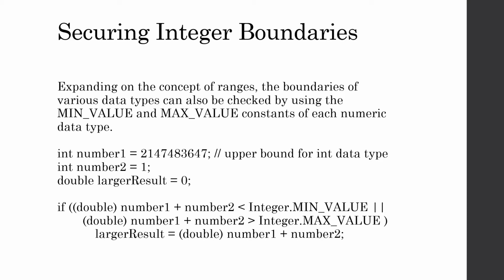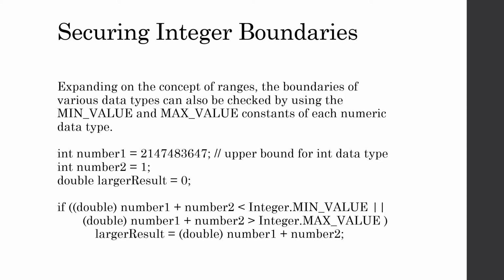To add on to the specific details about what we're doing here, you'll notice that for each one of those checks, I need to go ahead and use the cast operator. So we're going to have that cast operator double. Number1 will be converted to a double. And then because of the rules for conversion and performing math operations, number2 will also be treated as a double.